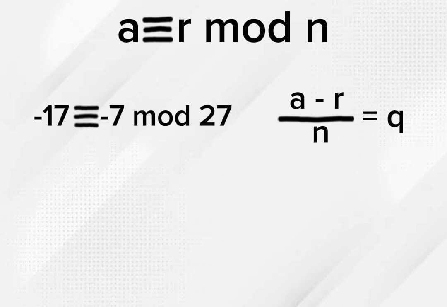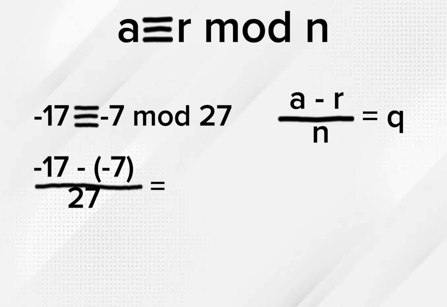On to the next problem. Negative 17 is congruent to negative 7 mod 27. Then let's proceed to answer using the formula. Negative 17 minus negative 7, divided by 27. We are subtracting two negative numbers. All we have to do is subtract them and keep the negative sign.